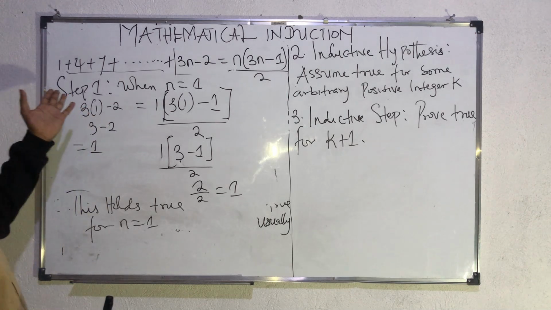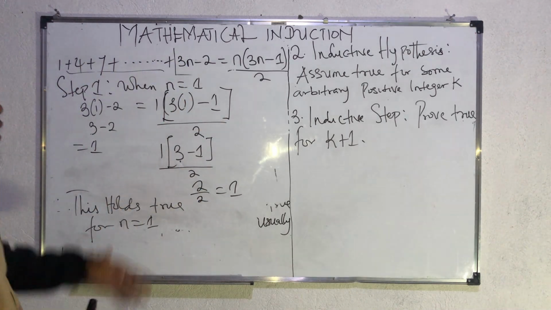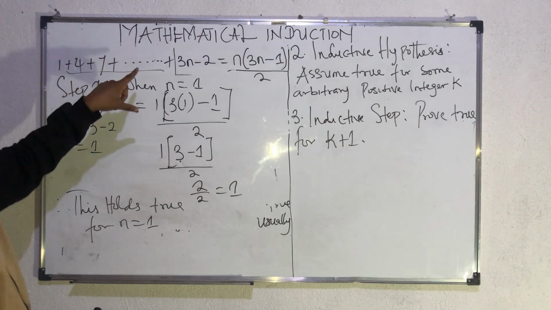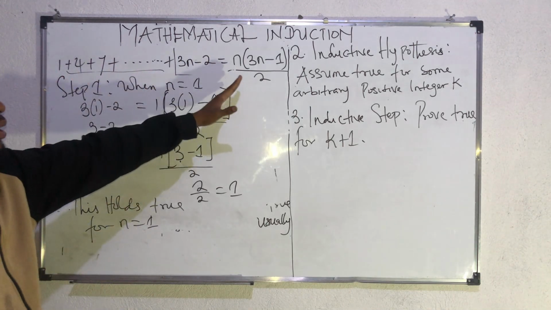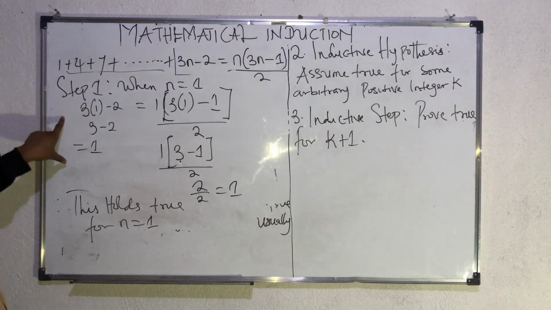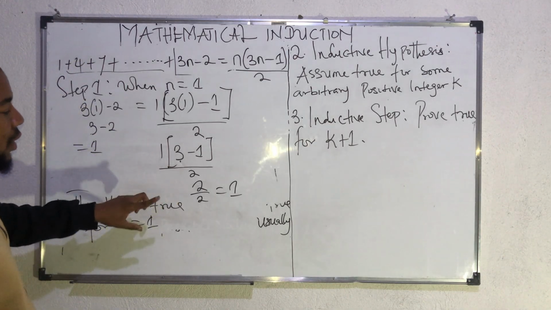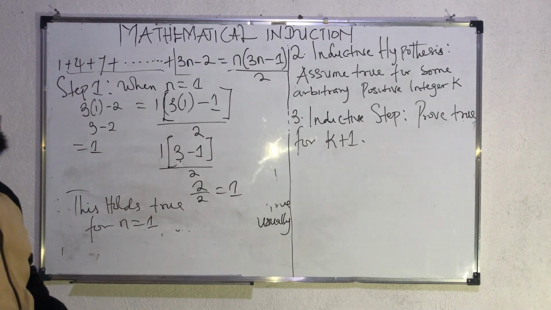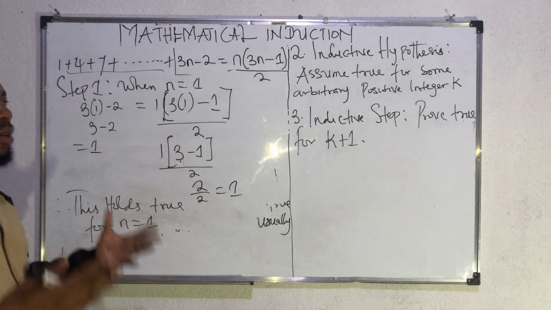Unless you're asked to prove for equalities, then it's a different case altogether. But for this type of mathematical statement where you prove that the left part is equal to the right, you have to start from n equal to 1. And if you get both values on both sides of the equation, it means that the statement is true for n equals 1.